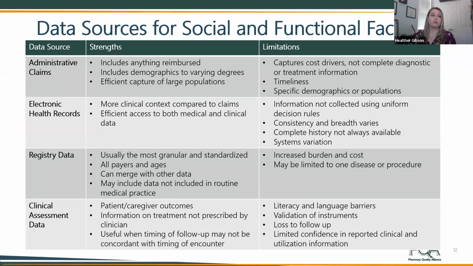And registries may also not give us the full picture because they tend to be limited to a specific disease or procedure. And then finally, clinical assessment data can give us really great insights on outcomes and treatments that are not prescribed by the clinician because these are like patient surveys. However, these data can be limited due to the patient level barriers and lack of validated instruments with which we can collect this data.